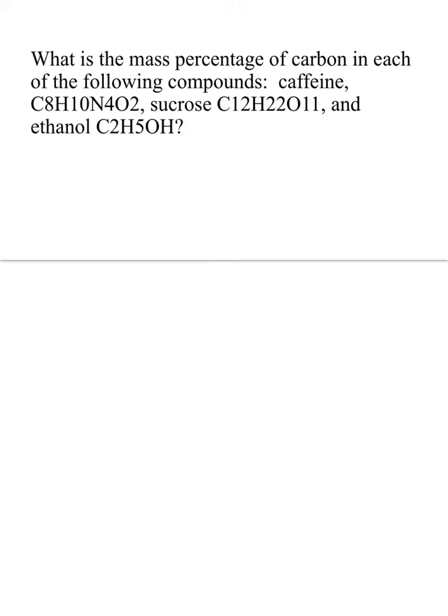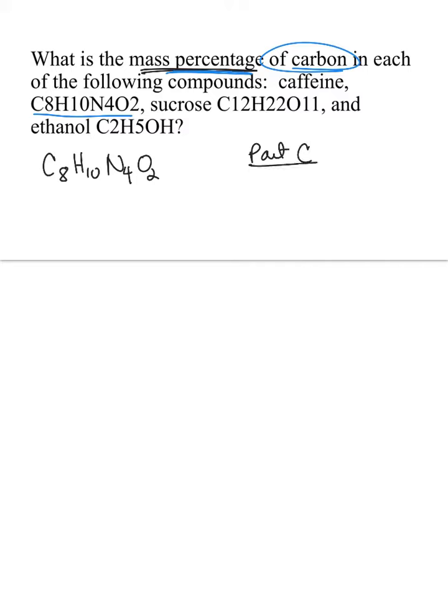Okay, this question, what is the mass percentage of carbon in each of the following compounds? So we have caffeine, C8H10N4O2. Now, we wanted to do the part carbon over the whole of your molecule times 100%.